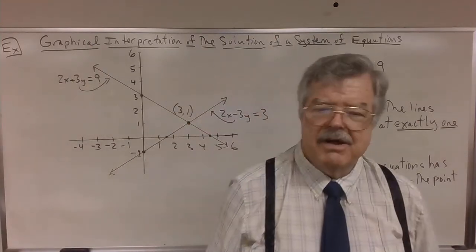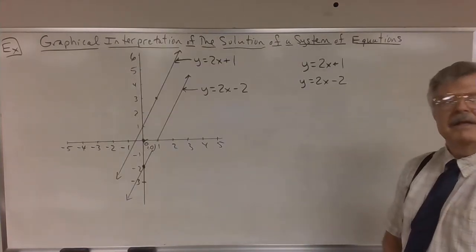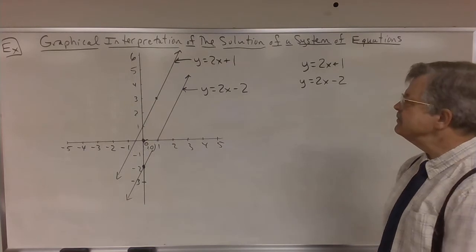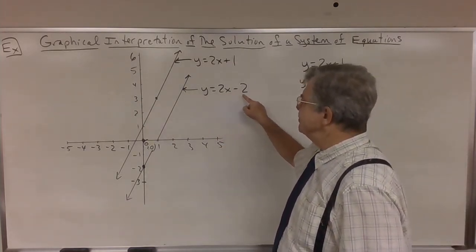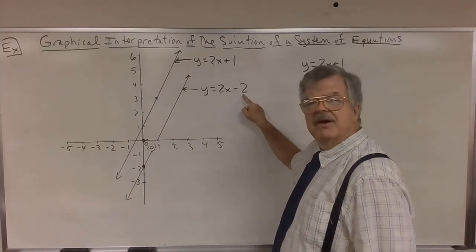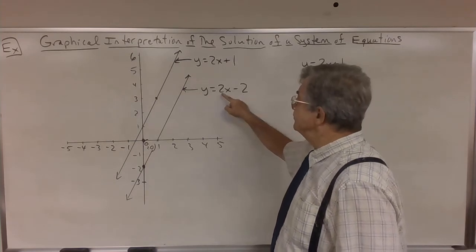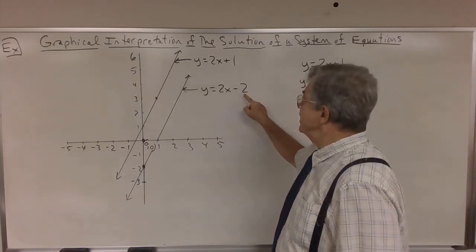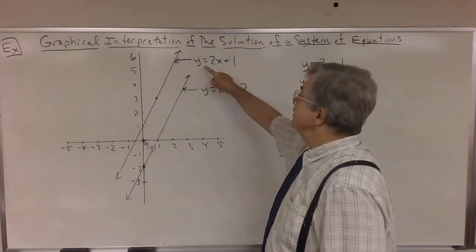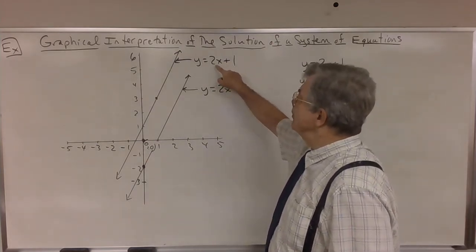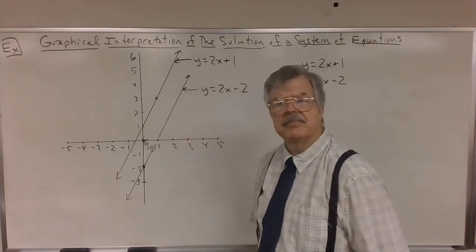Now let's look at another thing that can happen. Here's another situation where we have a pair of lines. This is y equals 2x minus 2. And notice that it's in the so-called slope-intercept form. So the slope is 2, and the y-intercept is negative 2. This is also in slope-intercept form. Its slope is 2, the y-intercept is 1.